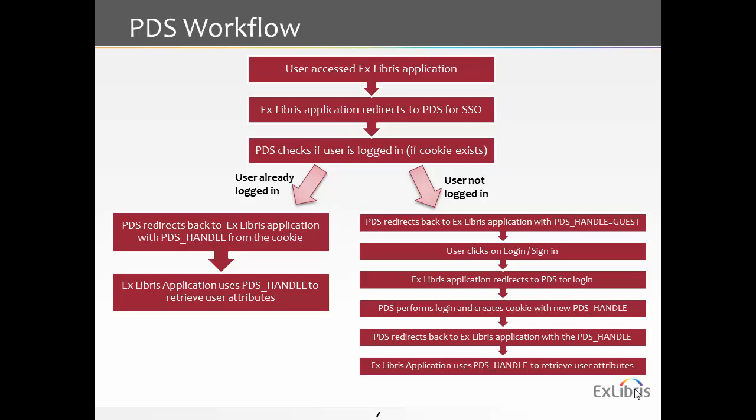When the application receives the PDS handle, which is basically the key of that user, it creates a server-to-server call to PDS, which is a call we won't see in the browser. We will, however, see it on the server in the log files. It asks PDS to give it information about the user with this specific key.